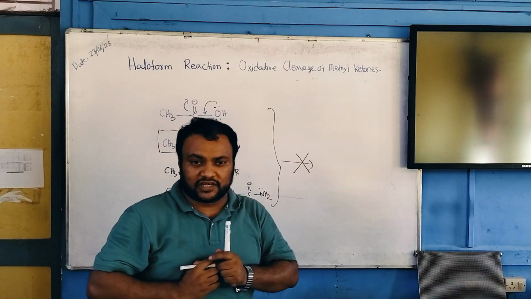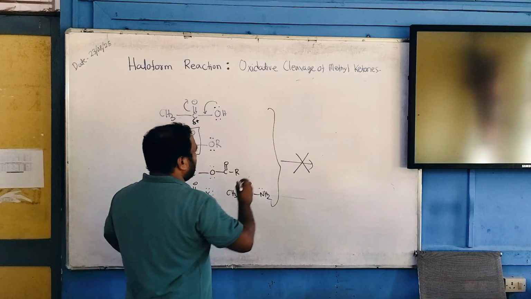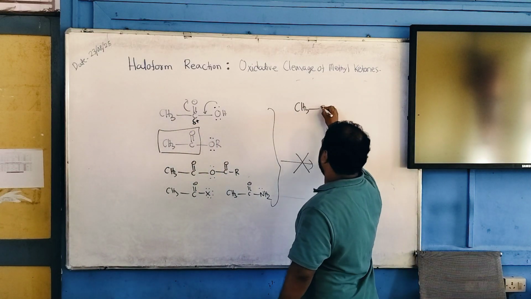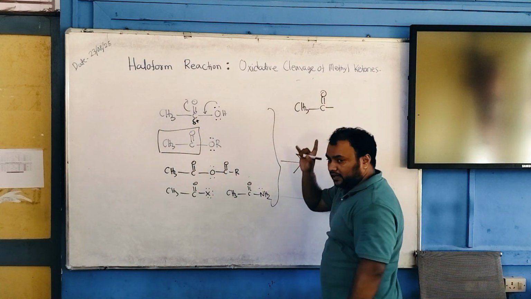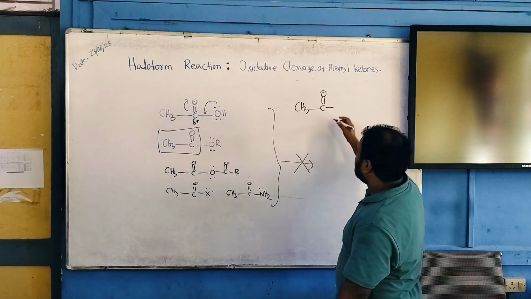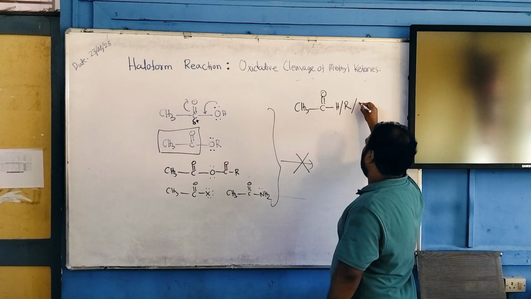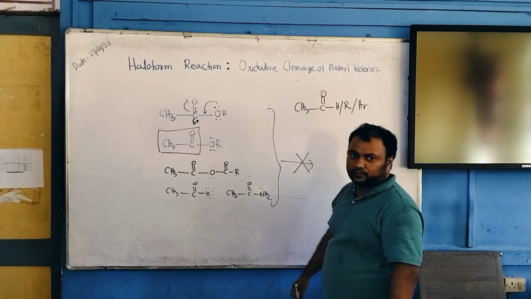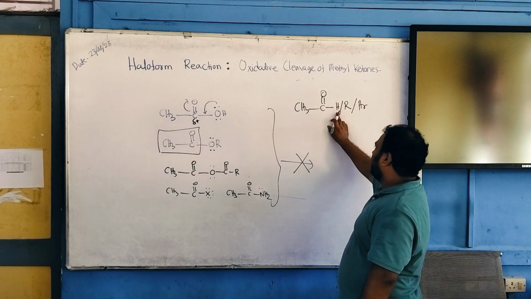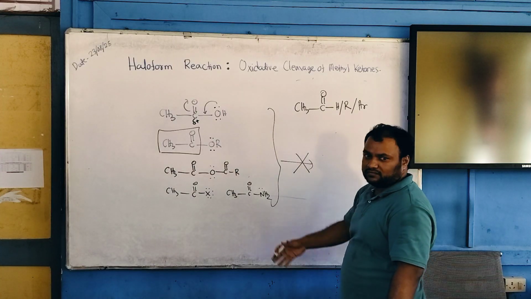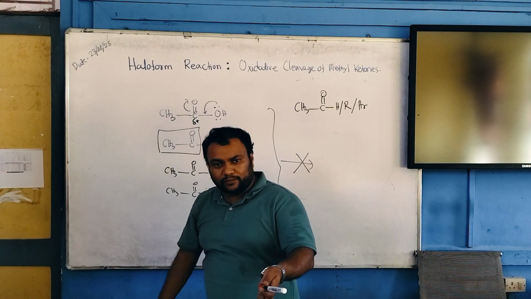So simply you must remember the condition I am saying, that it should have a keto-methyl group, but let's modify it: it must be connected to either hydrogen or an alkyl or aryl group. If it is connected to another group like this, will it give the haloform test?